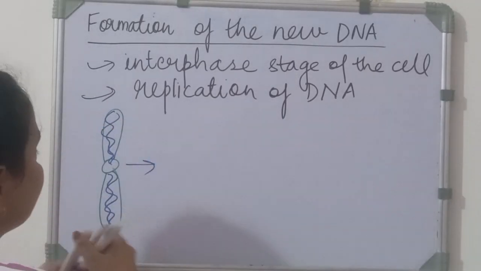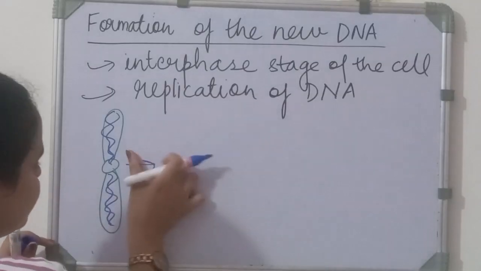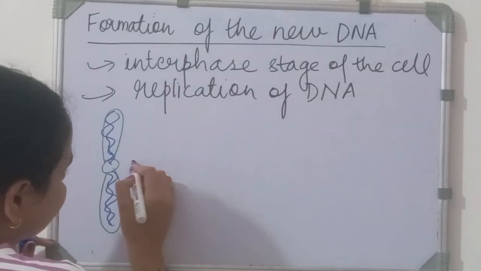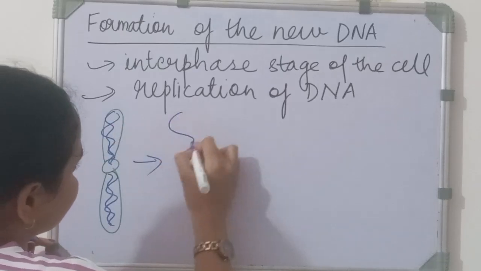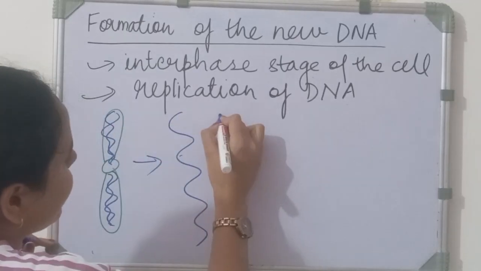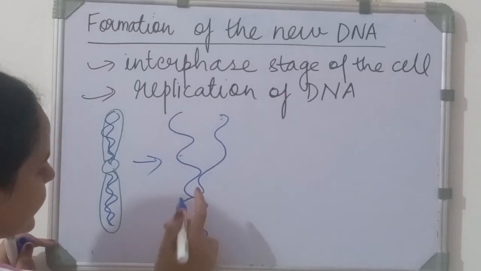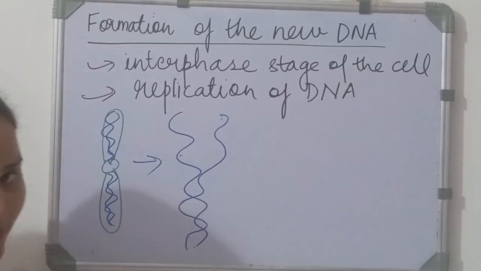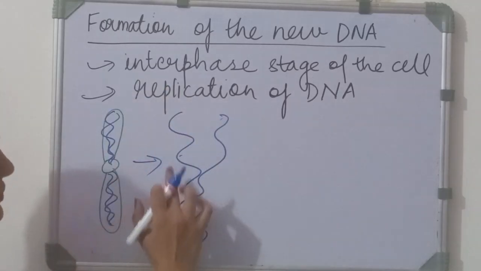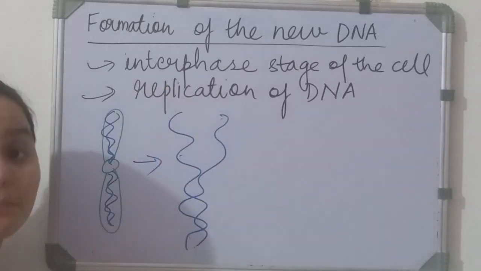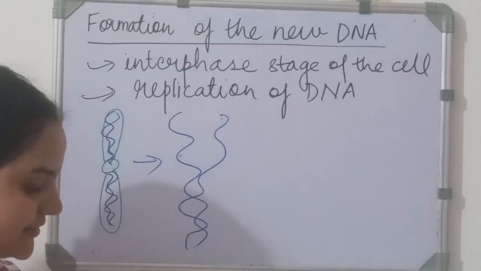Both the strands of this DNA open. Wait, I am drawing. Suppose it is opening. From the upper side it has opened and from the lower side it is still wound. So from the upper side it has opened, and both the strands are acting as parent strands.